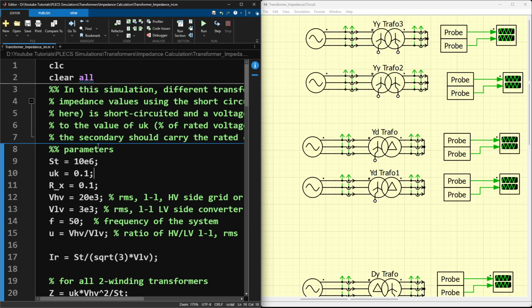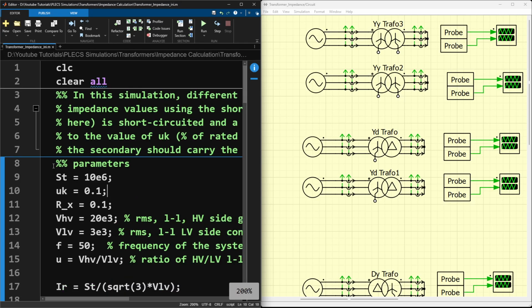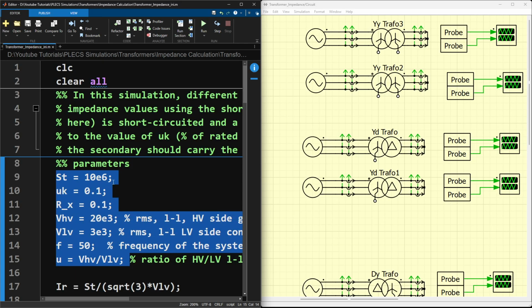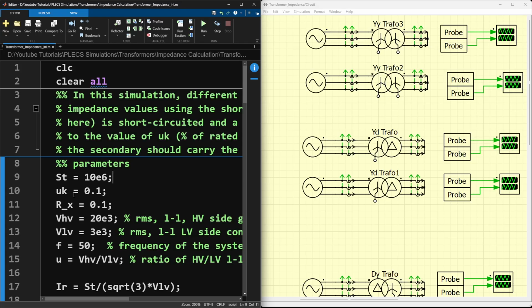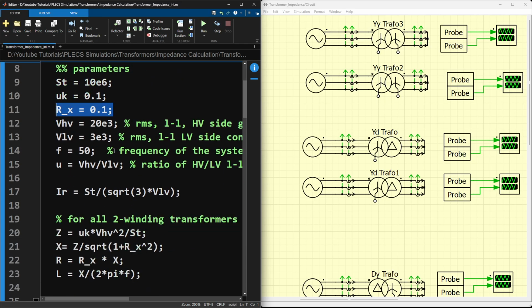I take the same transformer as one of the last transformer videos. That means I consider a transformer of apparent power 10 megavolt amperes. 10% is the short circuit impedance for our consideration, and then since we are not particularly interested in a specific type of transformer, I assume that the ratio of resistive to reactive part is 10%, that is 0.1, and I define the high voltage and low voltage sides as 20 and 3 kilovolts respectively.